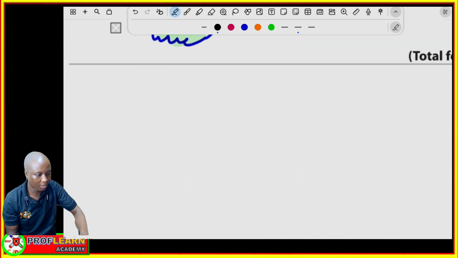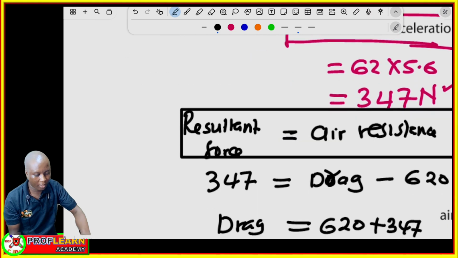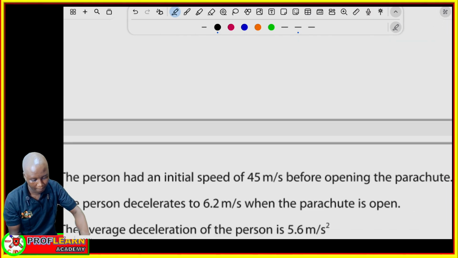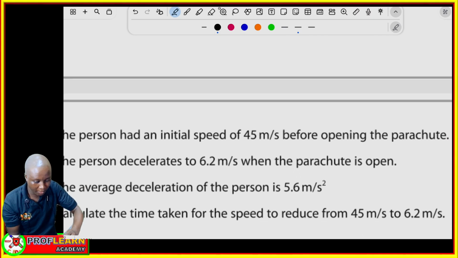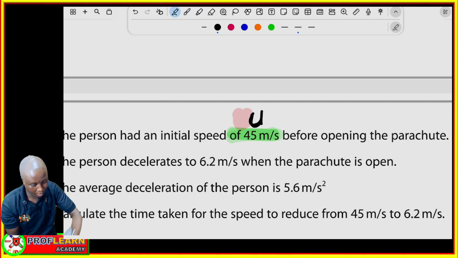Maybe that could be the formula they were trying to test. So the person had an initial speed of 45 meters per second. That is the initial speed, and we are going to say this is u.